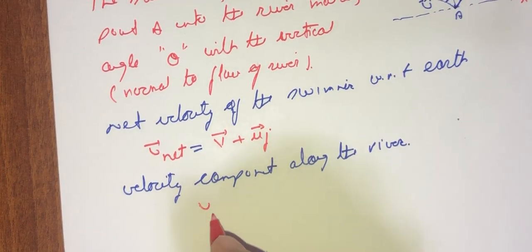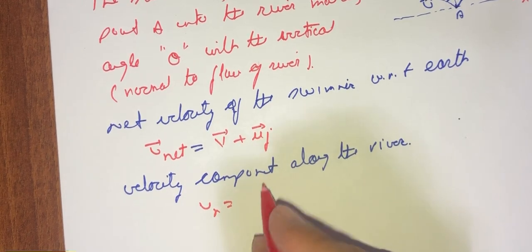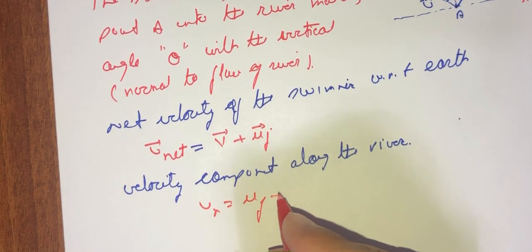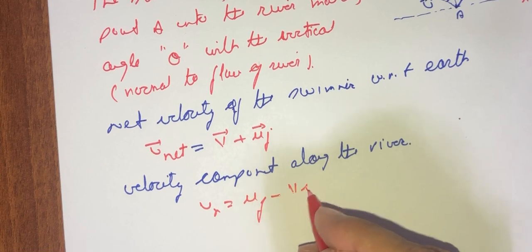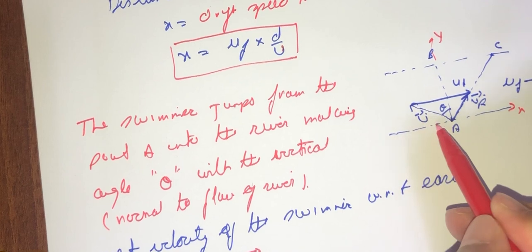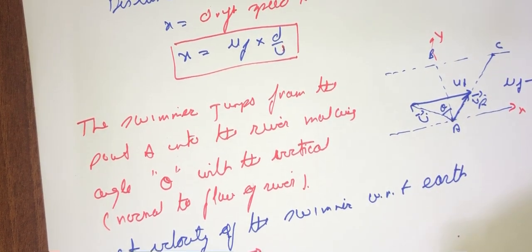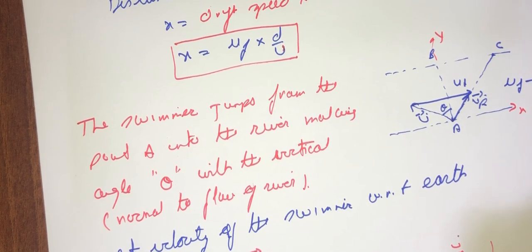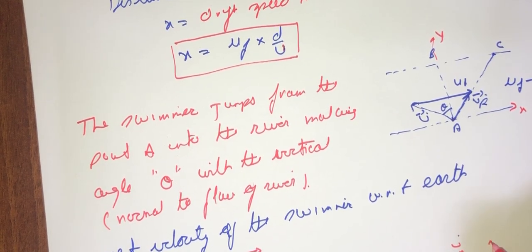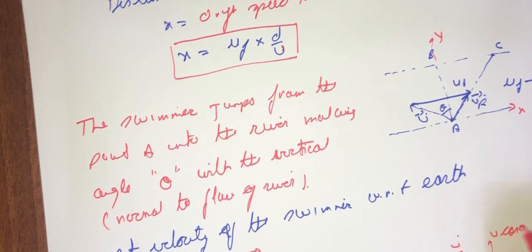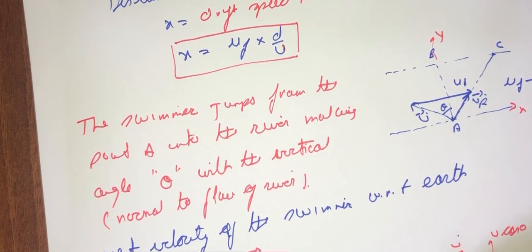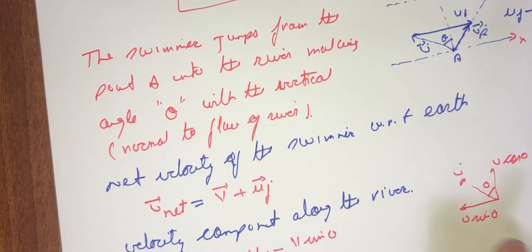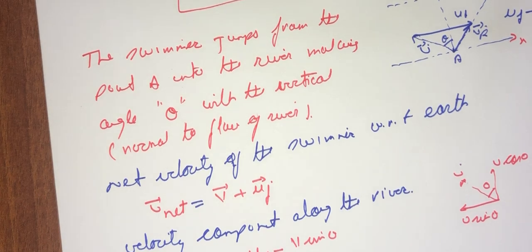So we call this Vx. We are going to get this as UF minus V sine of theta, because the component of V is in this direction and it is making angle of theta with the vertical. So this component will be V cos of theta, and this component will be V sine of theta. That's why it is V sine of theta with a negative sign.